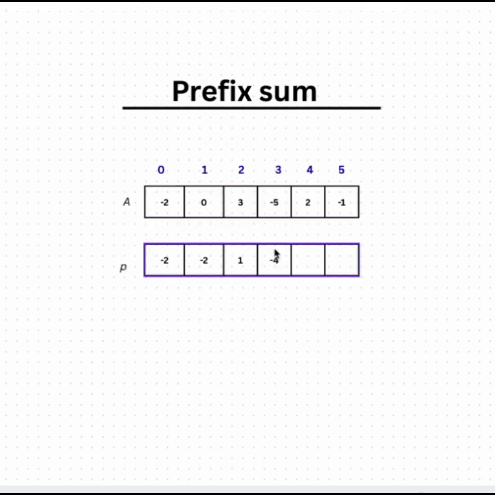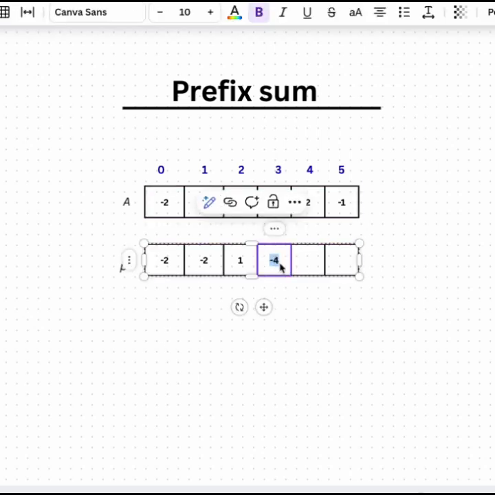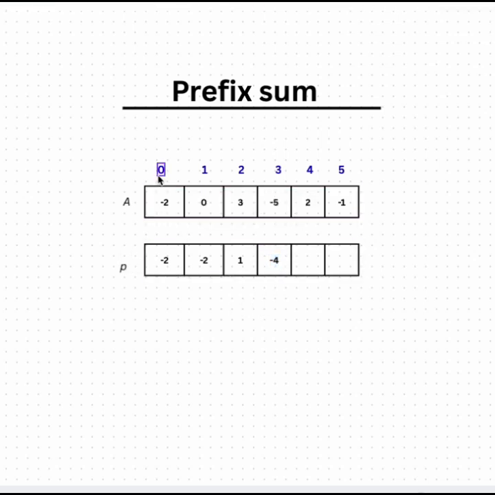Because for all of them, but I'm just going to focus on P3, we didn't need to go back from the 0th index to figure out this answer. We literally could have just taken the previous sum, so at P2, added it to A3 to get this answer. 1 plus -5 gives us -4.